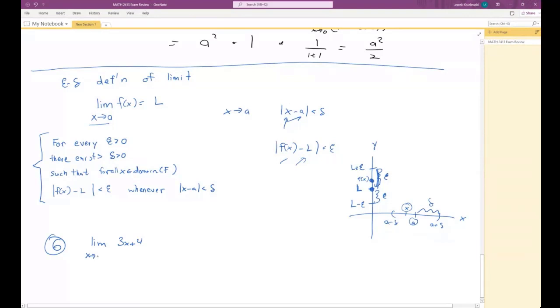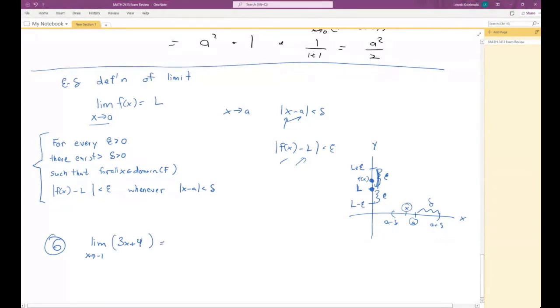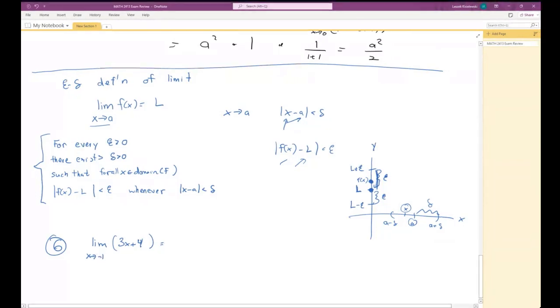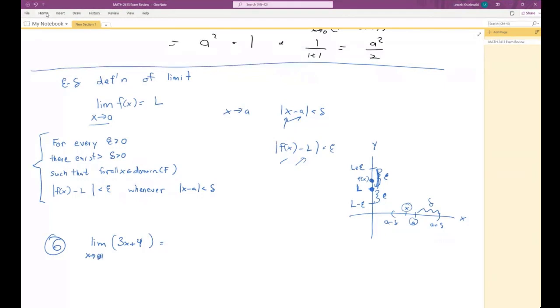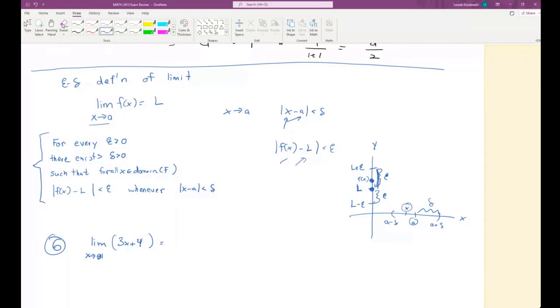So what do you want it to be? Negative 1? Okay, negative 1. So what is this limit? No, it would be 1 because we changed it. I don't like it.